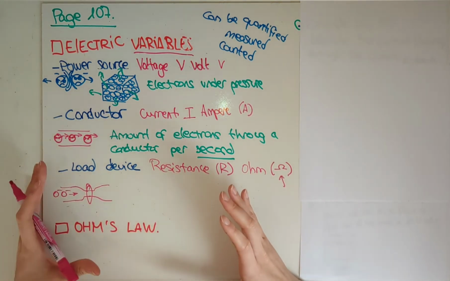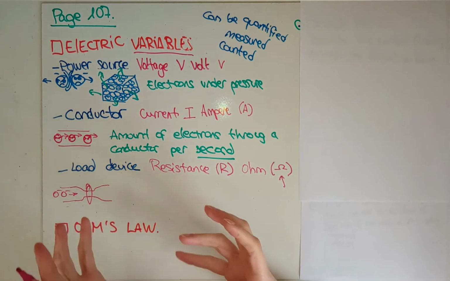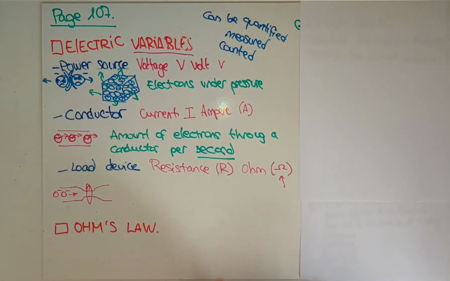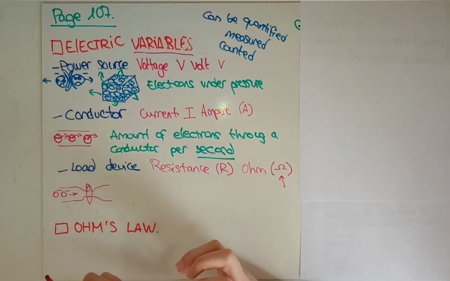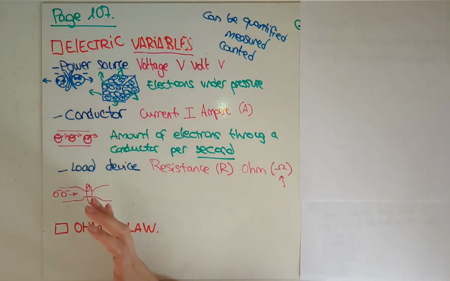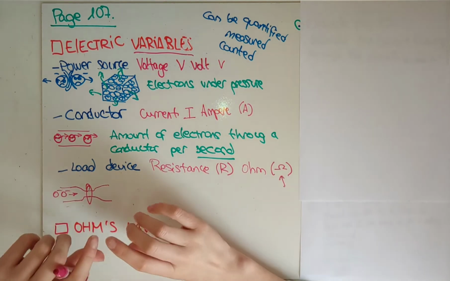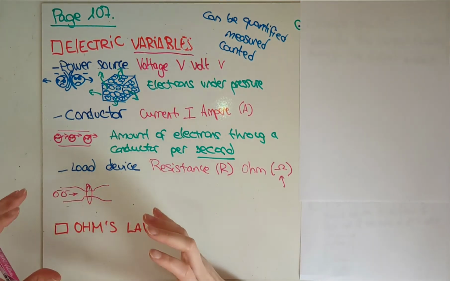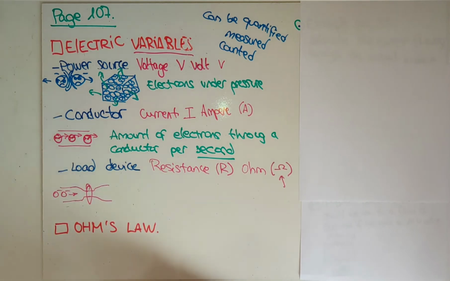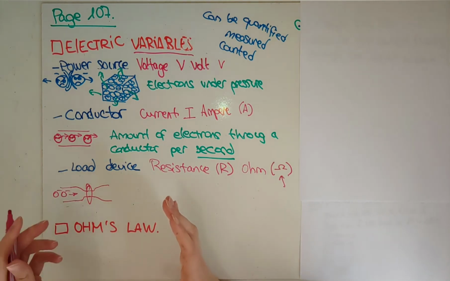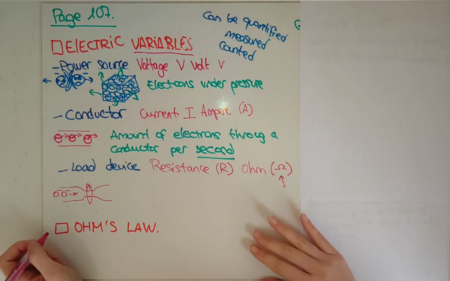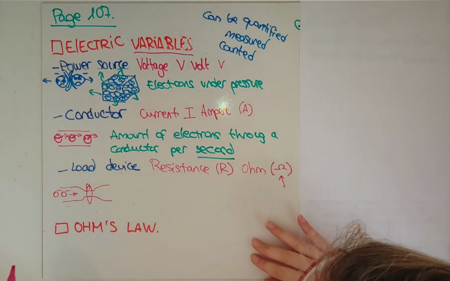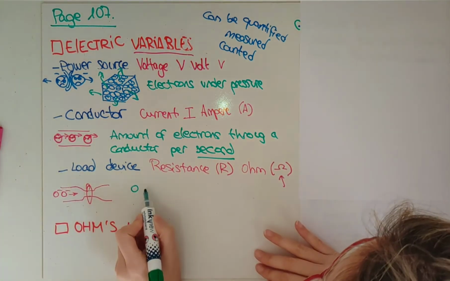The load devices consume the electrical energy, and they try to stop the current, okay? What they do is convert this energy, and what inside the circuit is a resistance, is an opposition to the movement of electrons, to the flow, okay? So, opposition.